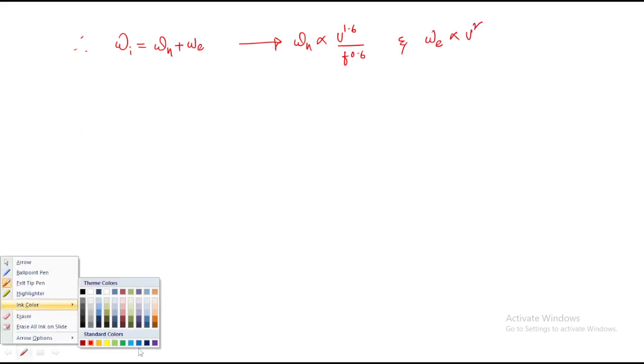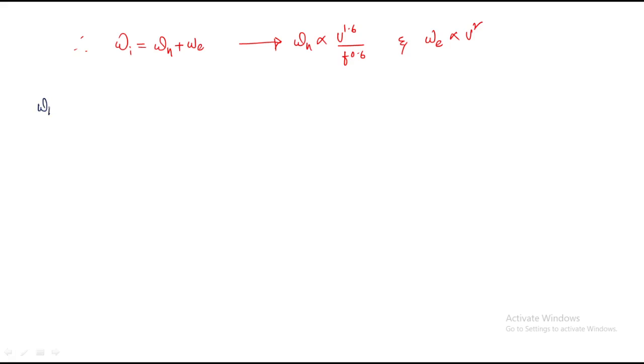Therefore, like that you have to write WH2 by WH1 equals V2 by V1 power 1.6 and F1 by F2 power 0.6.